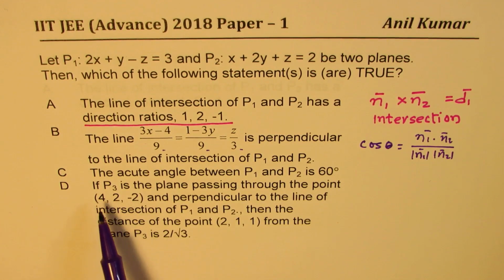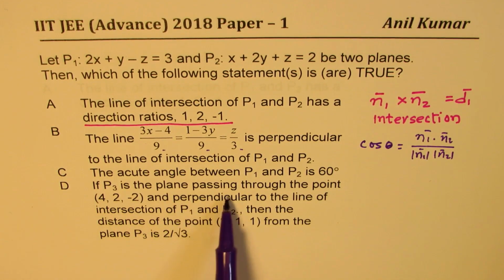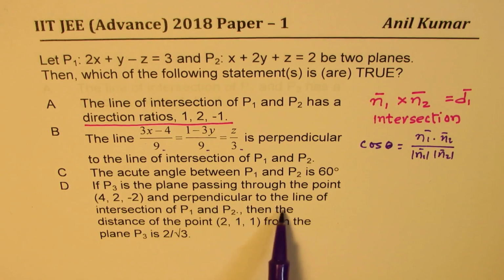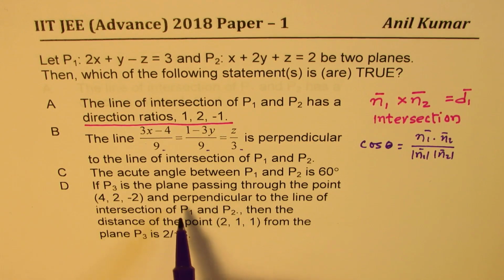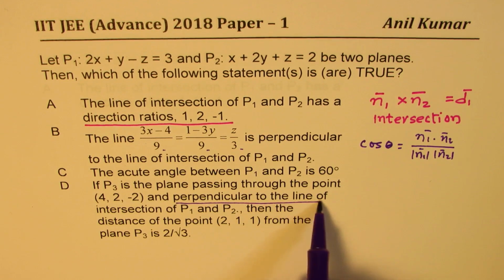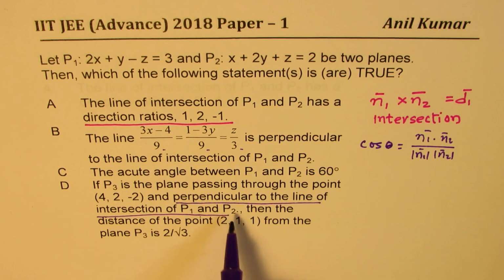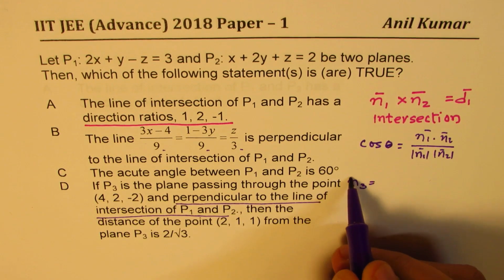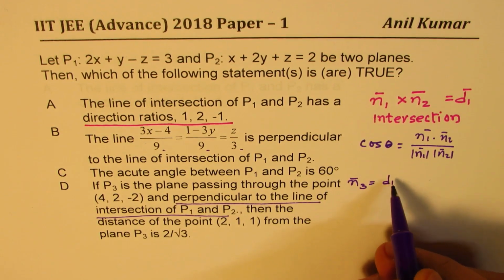And D is, if P3 is a plane passing through the point 4, 2, minus 2 and perpendicular to the line of intersection of these, then what is the distance of this point from the plane P3? As soon as we say perpendicular to the line of intersection, that means its normal, let's call this n3, will be d1.